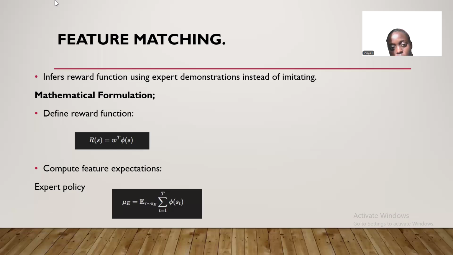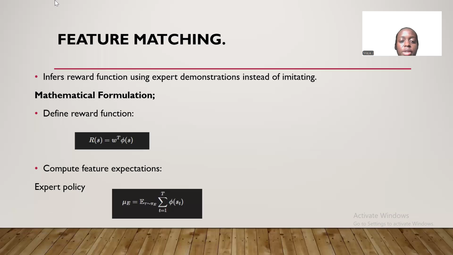So here in feature matching, we just want to deduce a reward function using those expert trajectories instead of imitating. So I can explain imitating. We have two forms, the standard and the human.